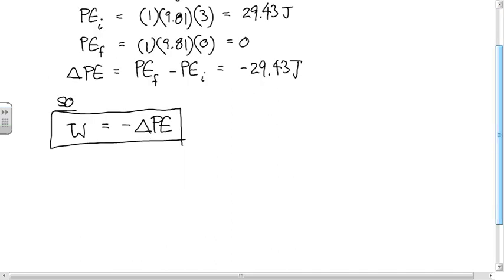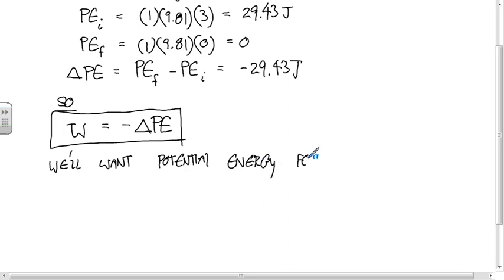Okay, so we'll want to calculate the potential energy for calculating voltage.